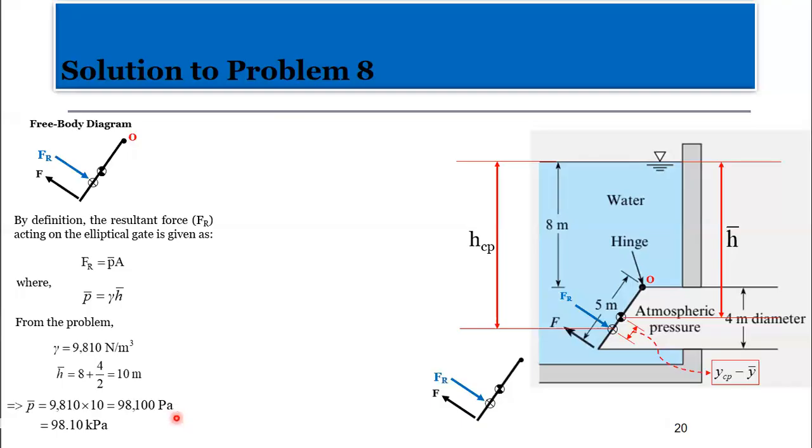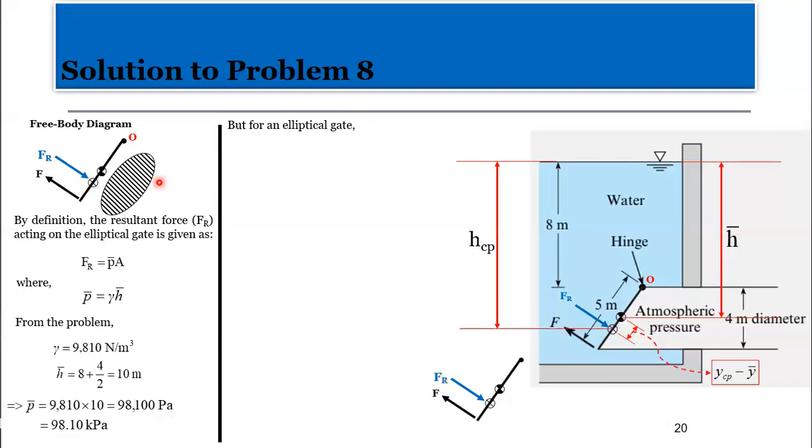Good. We need to now obtain the FR. For the elliptical gate, we need to know what it looks like before even obtaining the formula for it. Look at the free body diagram. It's like that. The shape here has been provided due to the truncation, so this is more or less the true shape.